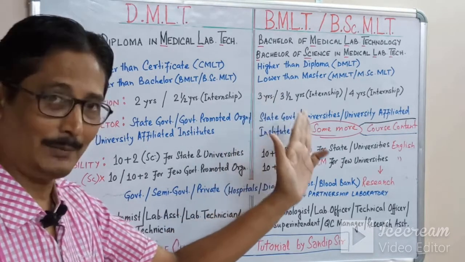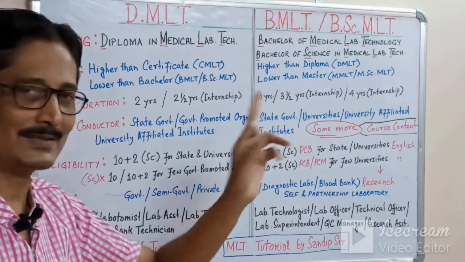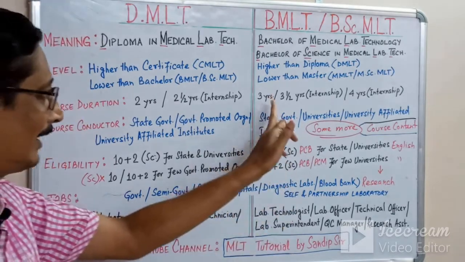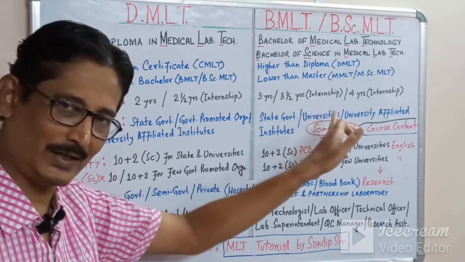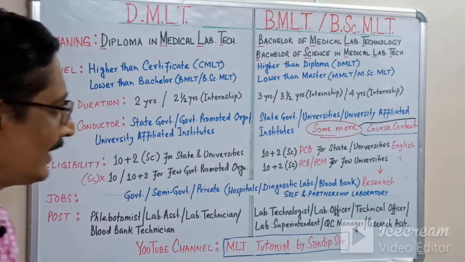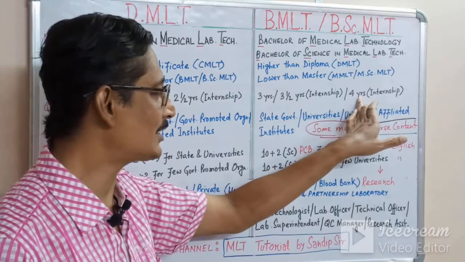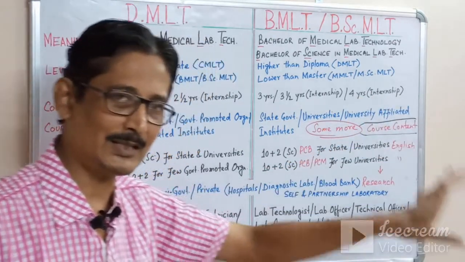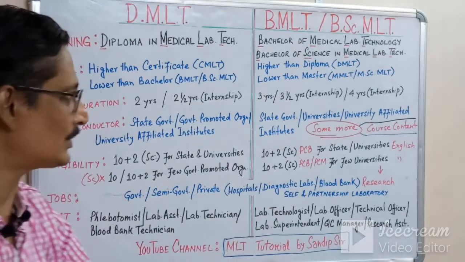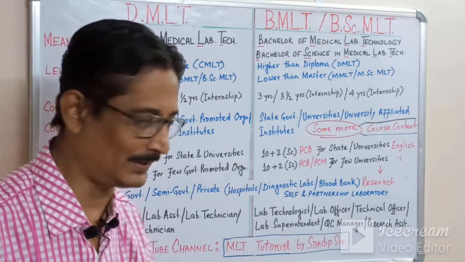For the BMLT course, it is a 3 years course. Somewhere it is 3.5 years, where the half year is also an internship, so always go for that. And some universities provide 4 years along with internship, because a 4 years degree is always recognized globally.